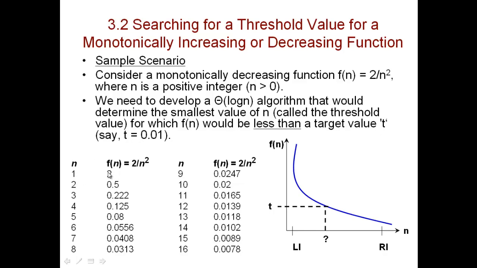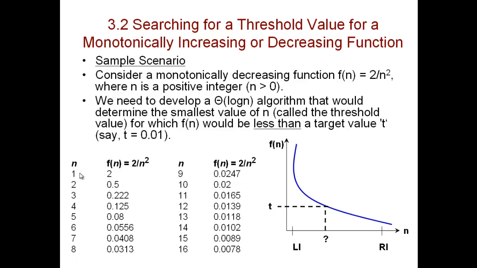So we can conveniently assume n equals 1 as my left index. Some may ask, why can't I assume 2 as my left index, because 0.5 is also greater than 0.01. Yes, you can start with a left index of 2 and go further. The final result will not depend on that. As long as you pick some left index at which the function value is greater than or equal to the target, you are fine. So we'll just pick 1 as my left index.